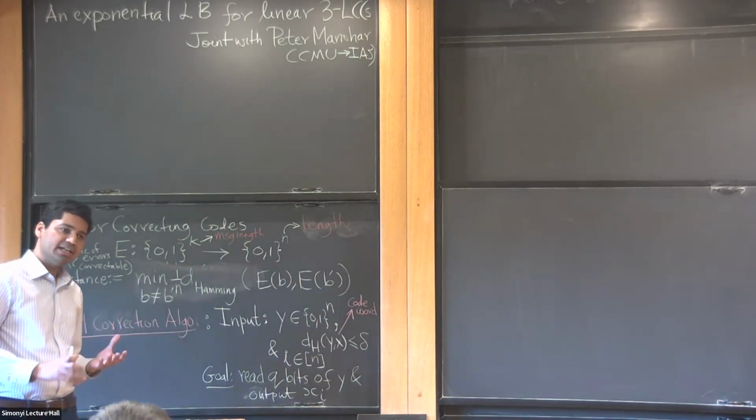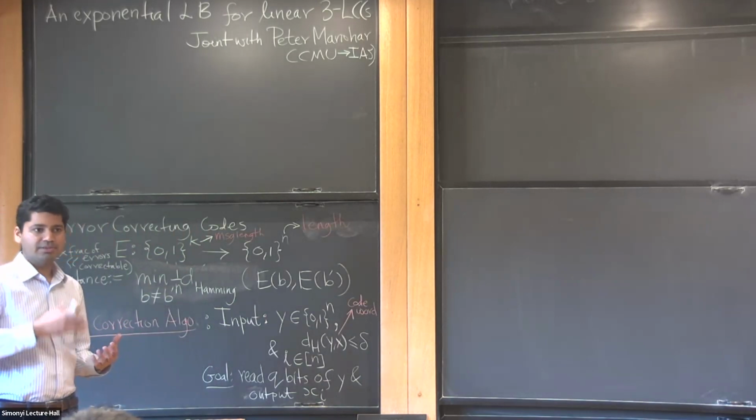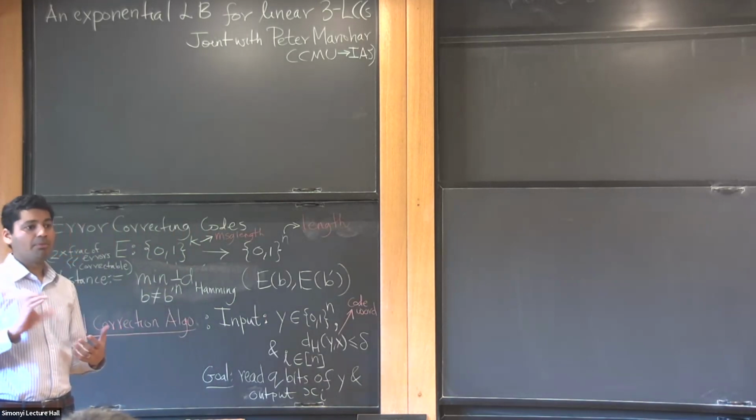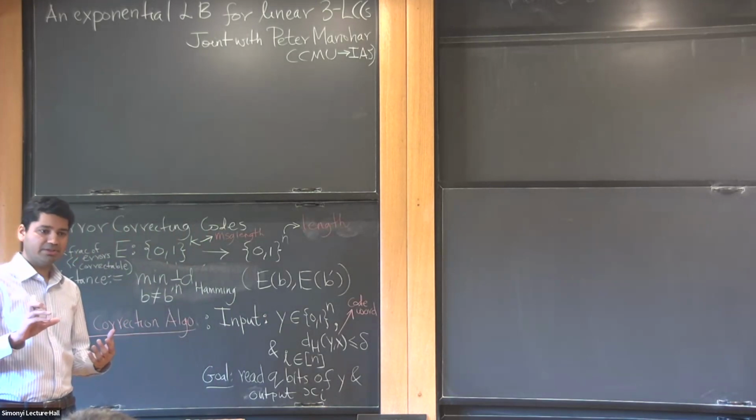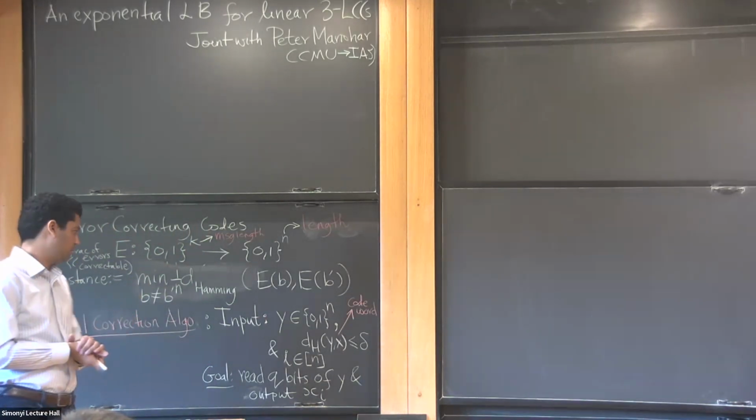And the idea is that because of this redundancy, even if there are corruptions or modifications to the transmitted message, you can still correctly, reliably, uniquely recover the message I intended to send. That's the very basic idea of coding theory.